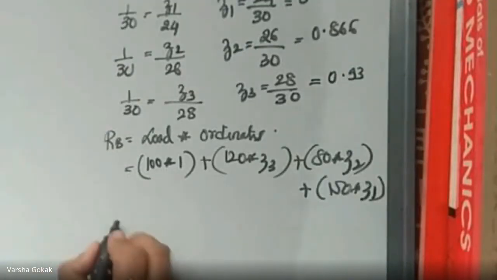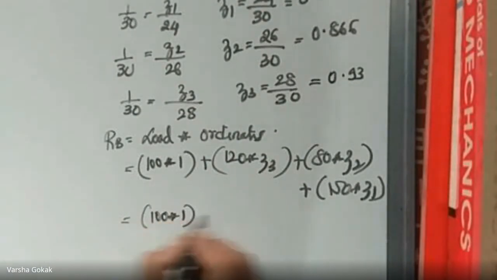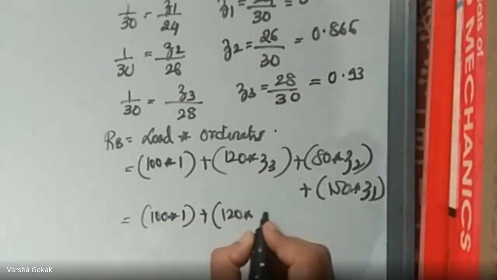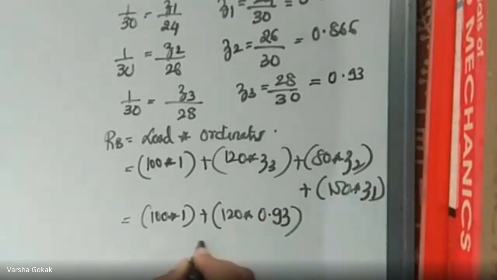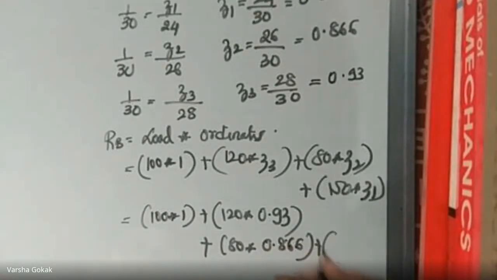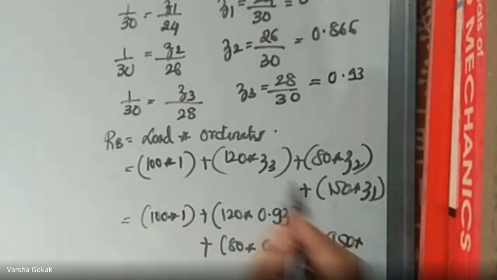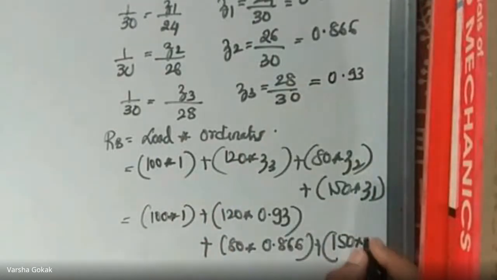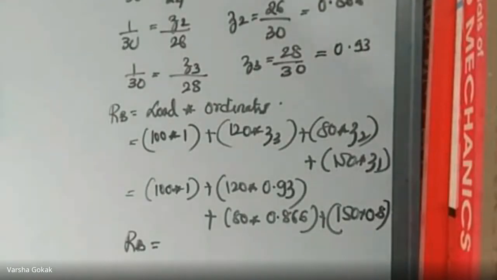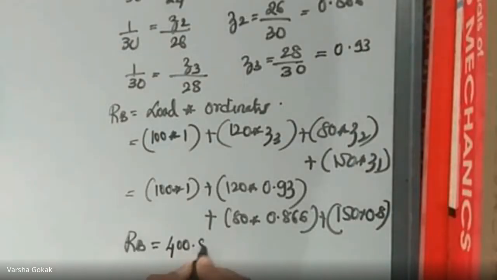Substituting the values: 100 into 1 plus 120 into 0.93 plus 80 into 0.866 plus 150 into 0.8. How much is RB, please? Ma'am, 400.8 kilonewtons. Any doubts with this?